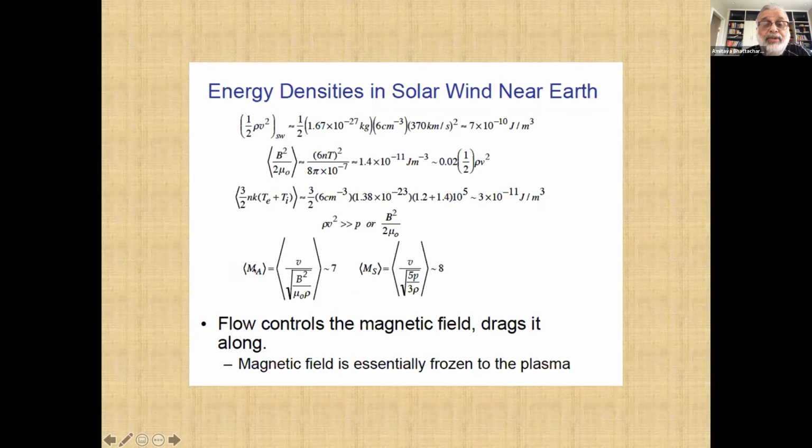These numbers need not be the same. For example, going out at coronal distances, these are different numbers if beta is much smaller than 1. So basically the physics says that the flow controls the magnetic field and drags it along. The magnetic field is essentially frozen to the plasma.